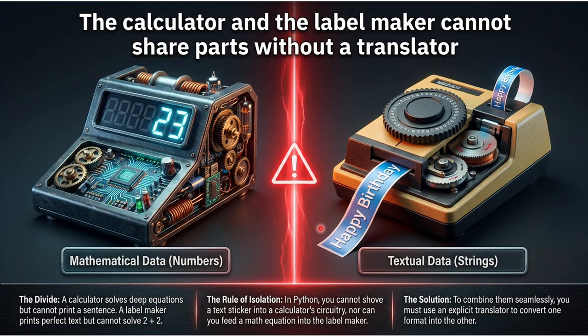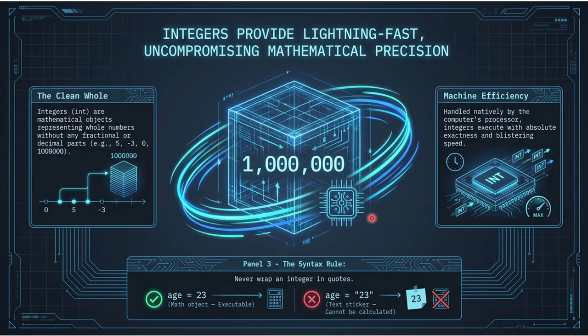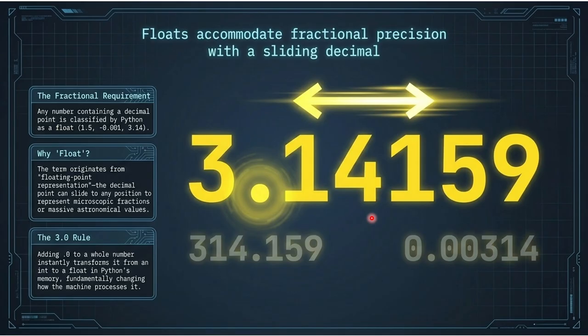Here we have the same mathematical data, numbers and textual data as a string, the same example which we saw previously, the rules of numbers and strings which we saw in typecasting. Okay, it's again the same.